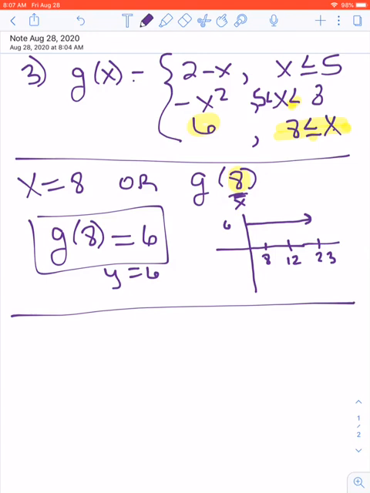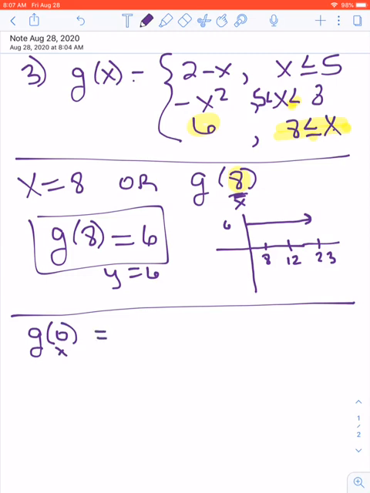Maybe the next example says find g of 0. So you have to keep going back to your parameters and ask yourself, that's your x value, is 0 smaller than 5? Yes, it is.